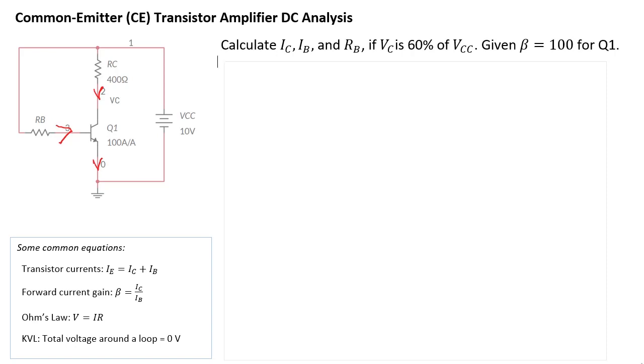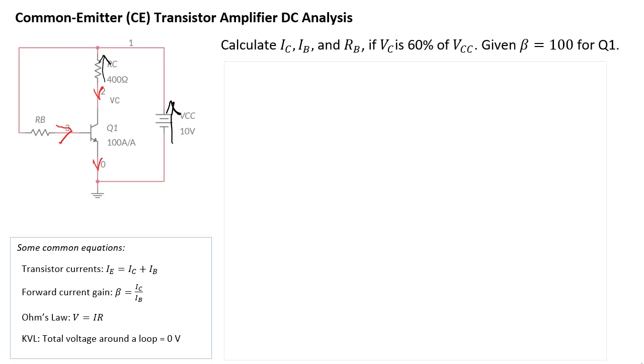In terms of the voltages, we have a few here. For example, here, obviously VCC is pointing up. Since IC is going down, VRC is actually pointing up, so positive VRC, that is.